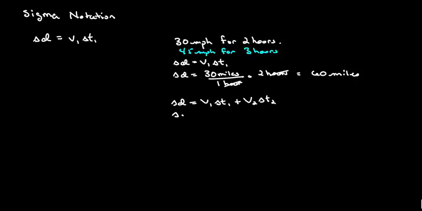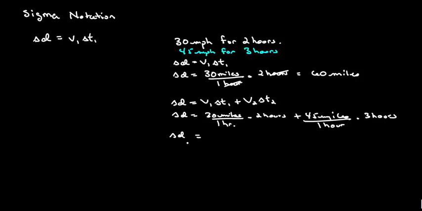So your total change in distance will be equal to the first guy, which we had, plus, now you increase speed to 45 miles per 1 hour, and we're going to do that for another 3 hours.